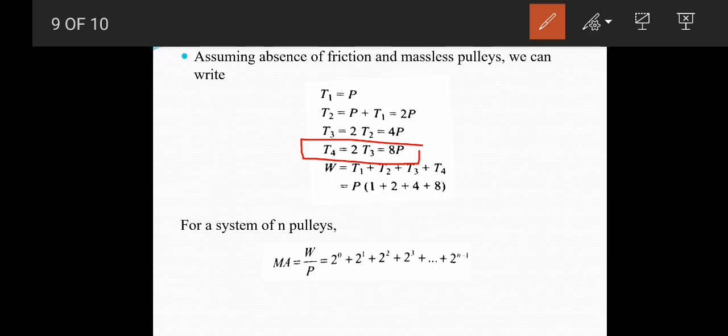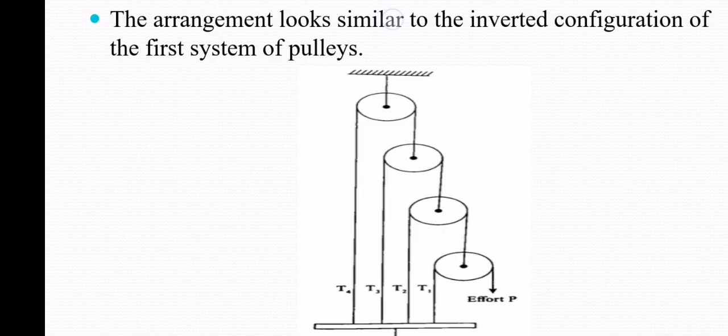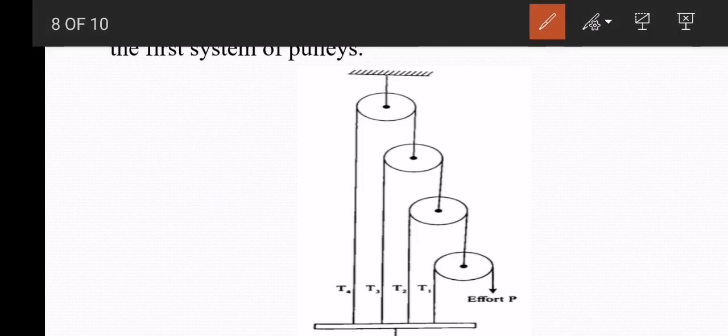And what is W? W is equal to T1 plus T2 plus T3 plus T4.